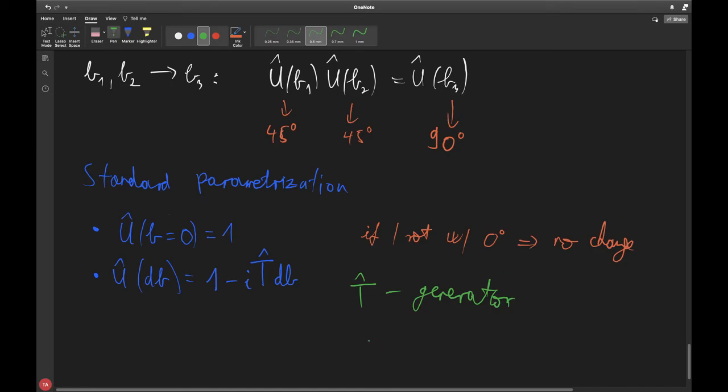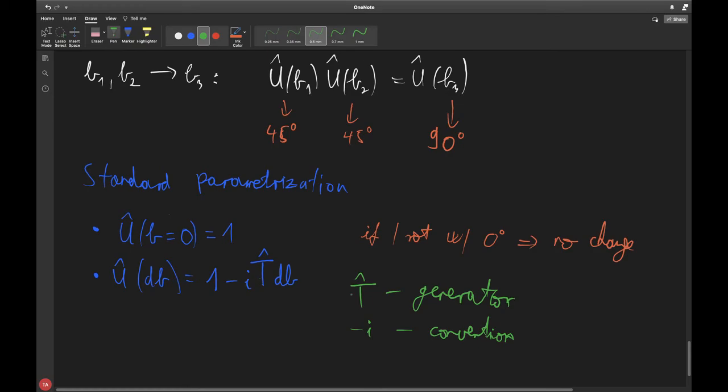The i and the minus i is just a convention. It totally could be a positive number, and then the U dagger would have the negative number, so it doesn't really matter. Mathematicians sometimes keep the i included in the generator. Physicists like to factor it out.